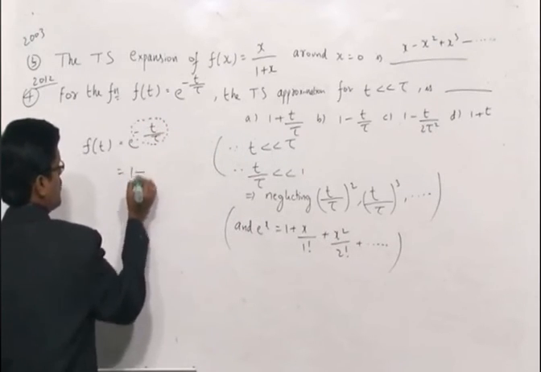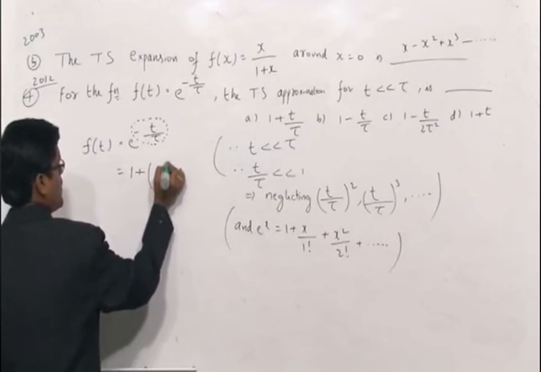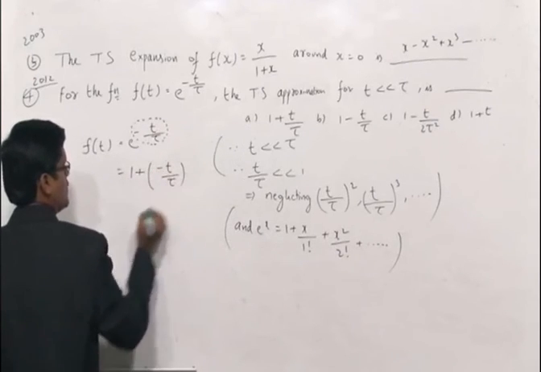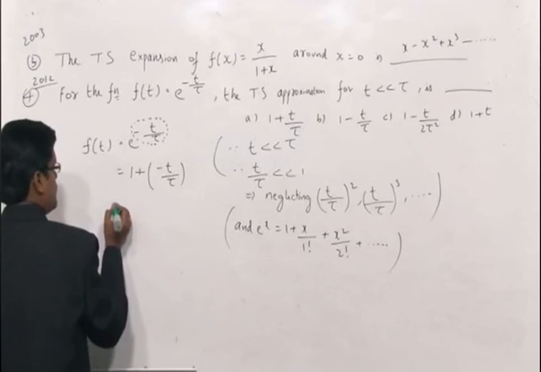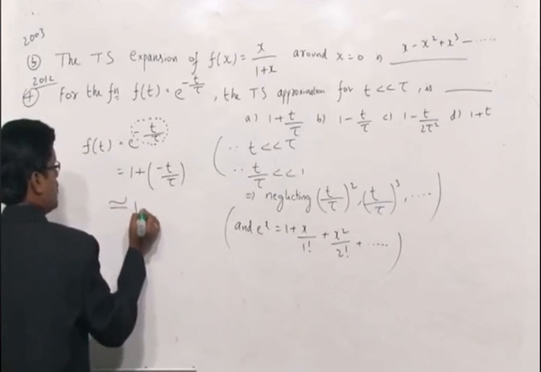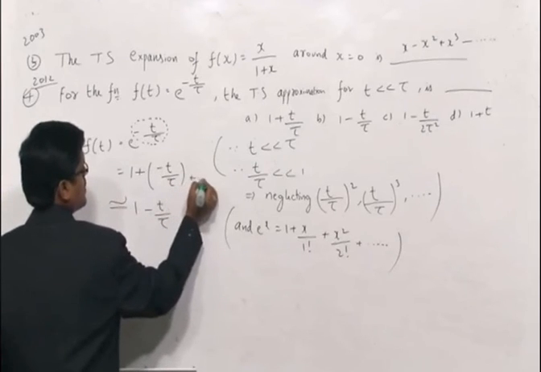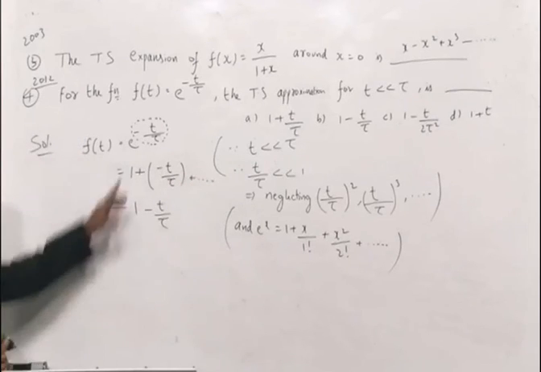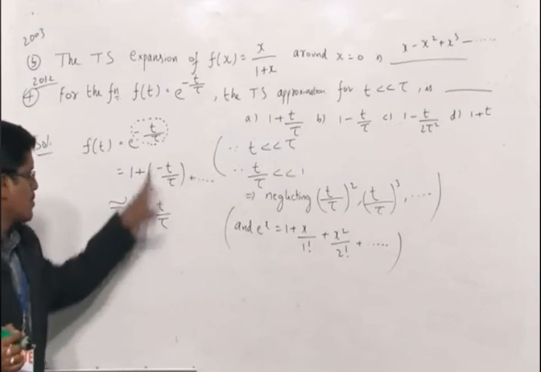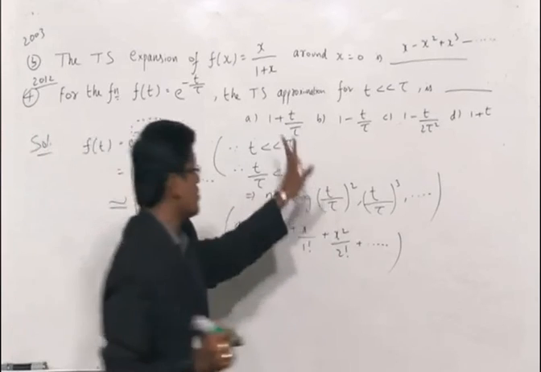So this simplifies to 1 plus minus t by tau. That means it is approximately equal to 1 minus t by tau plus etc., and then approximately equal to 1 minus t by tau, because I have neglected the higher terms for this reason.